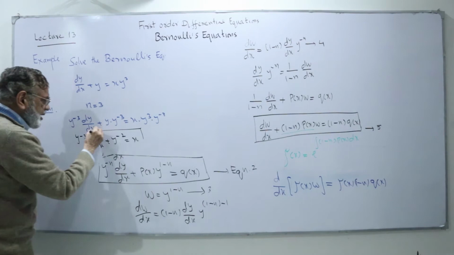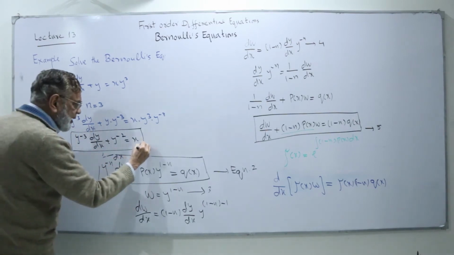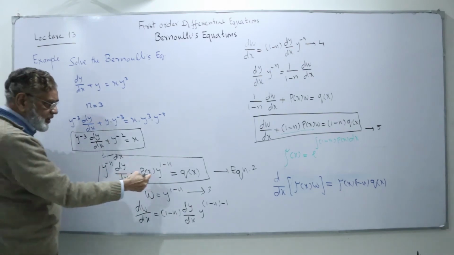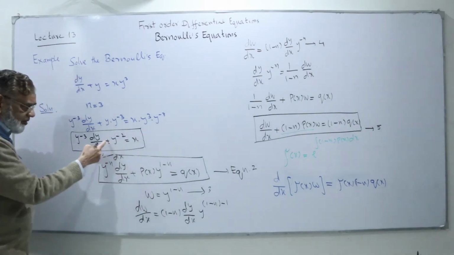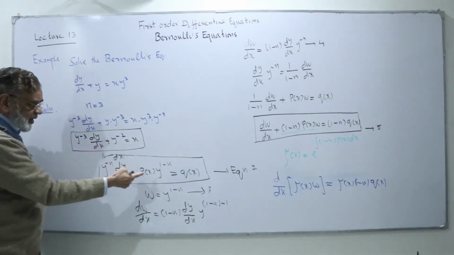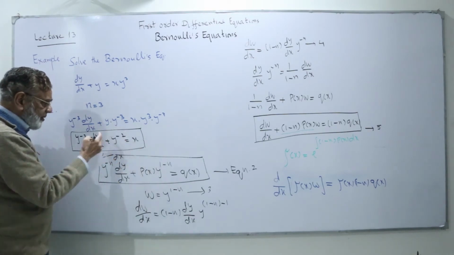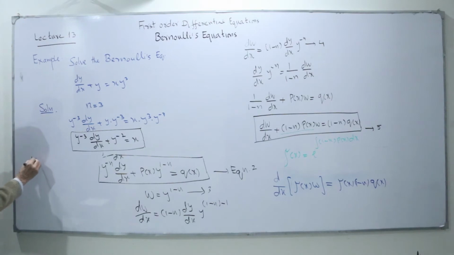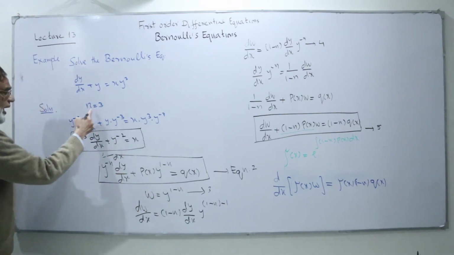This is my equation, as I mentioned in my equation 3, where I multiply by y to power minus n. Here our p of x is 1, and this y to power 1 minus n value will become our w. So w is equal to y to power 1 minus n, which here is y to power minus 2.